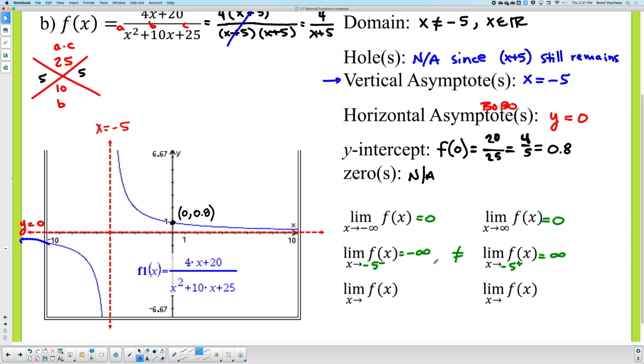They're not the same. Since they're not the same, the limit at -5 would not exist. There's no other break, so I don't have to use this limit. These would not exist because these two are not equal. So the limit at -5 would not exist.